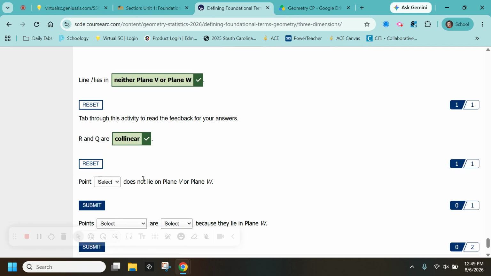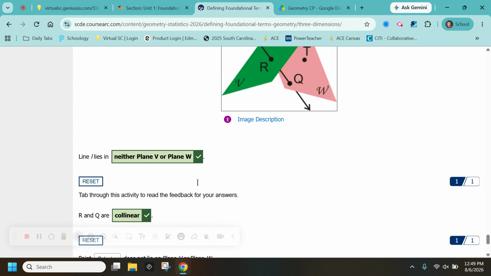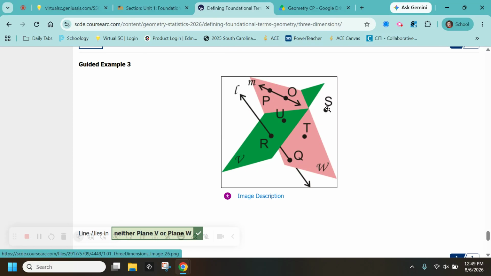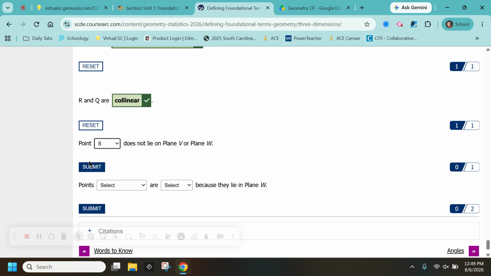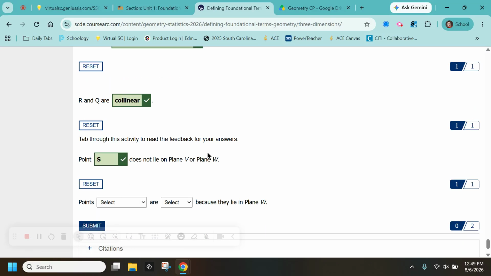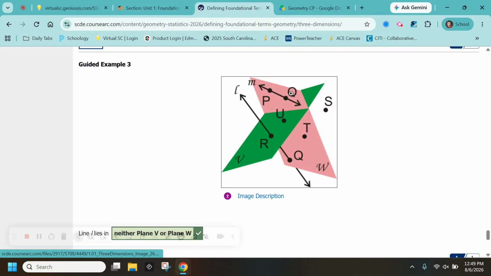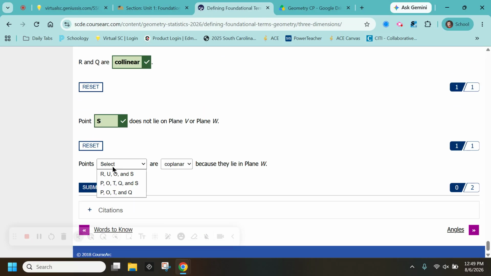And then the point that does not lie on plane V or plane W is the only one that's off both, S. So that would be point S. And then points are coplanar because they lie in plane W. So let's look at what points are coplanar on plane W. We have Q, T, O, and P.